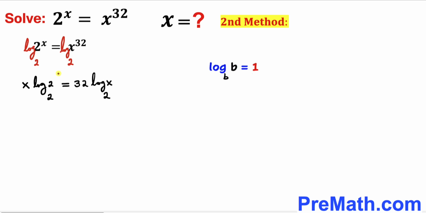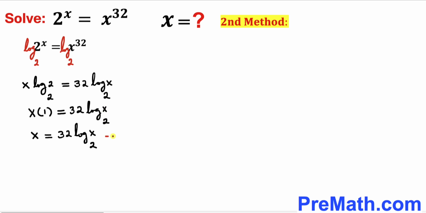So therefore, according to this rule, log of 2 with the base 2 is going to be simply equal to 1. So therefore we can write x times 1 equals to 32 times log of x with the base 2. And I'm going to label this one as our equation number 1.